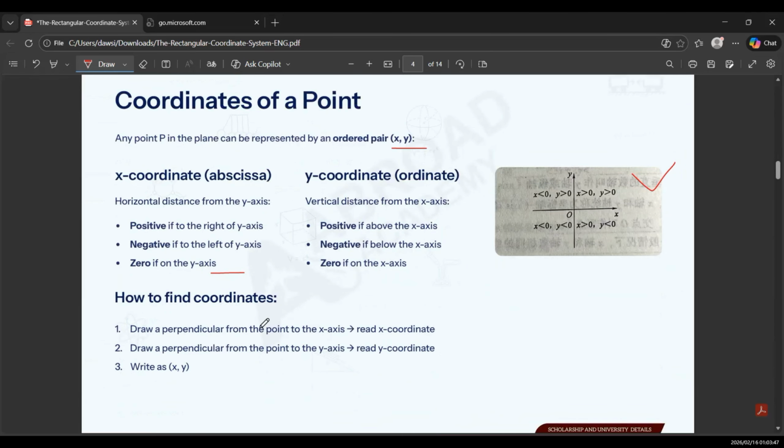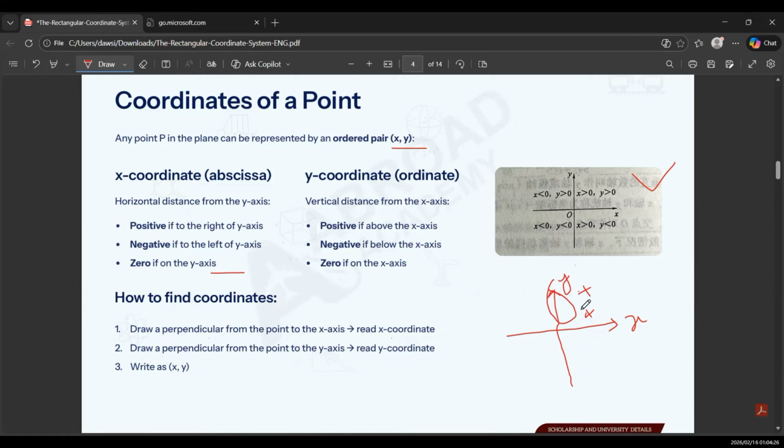And how to find coordinates: draw a perpendicular from the point to the x-axis and write the x-coordinate, and draw a perpendicular from the point to the y-axis, write the y-coordinate, and write as (x, y). This is the x, and this is the y. We know this side for x is positive, and this side for y is also positive.